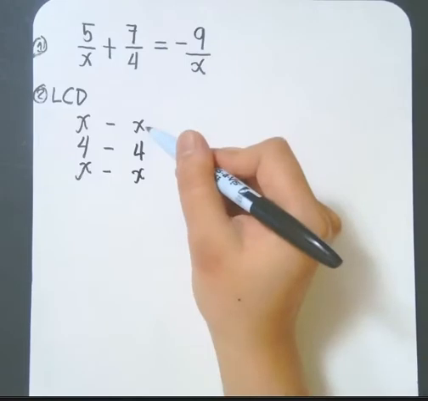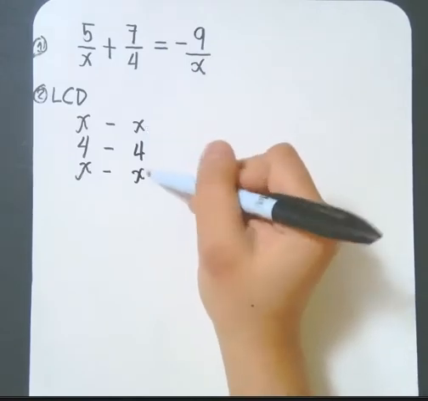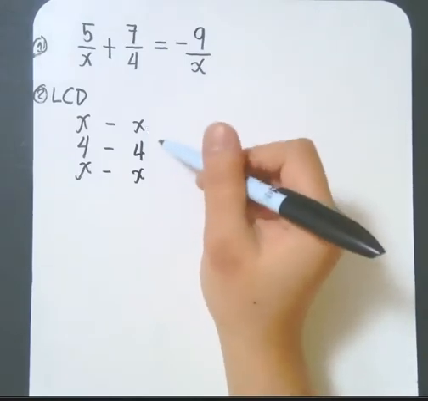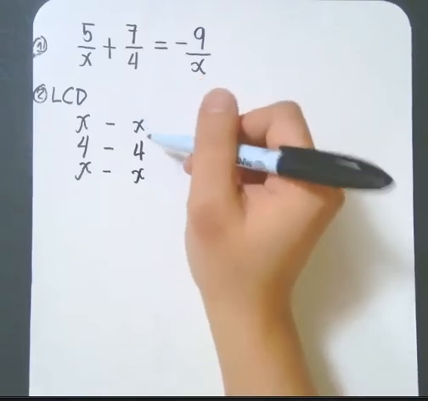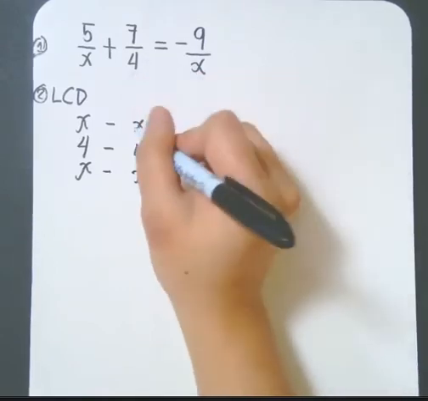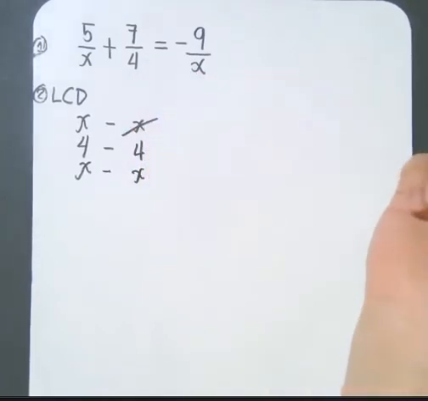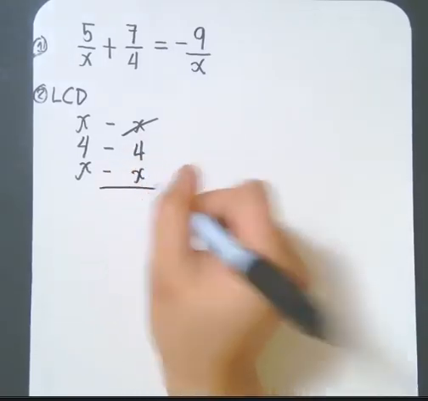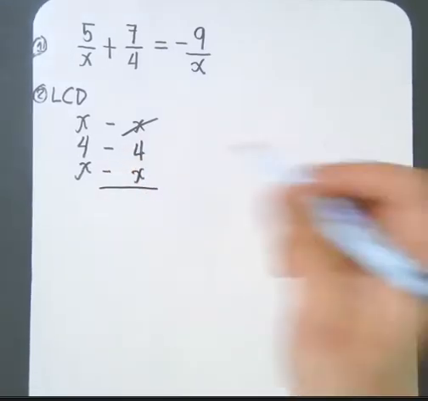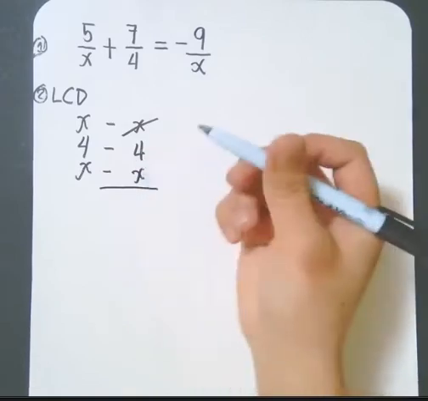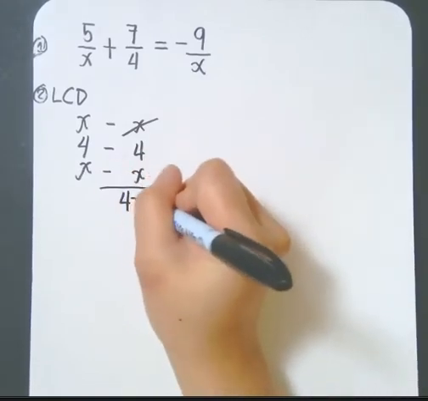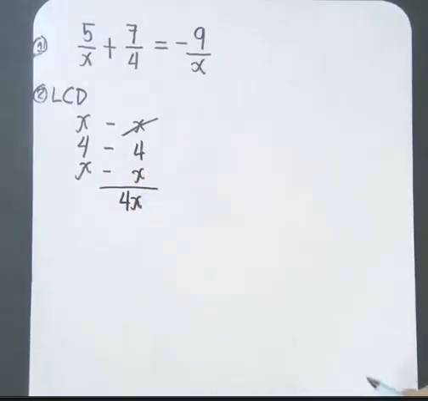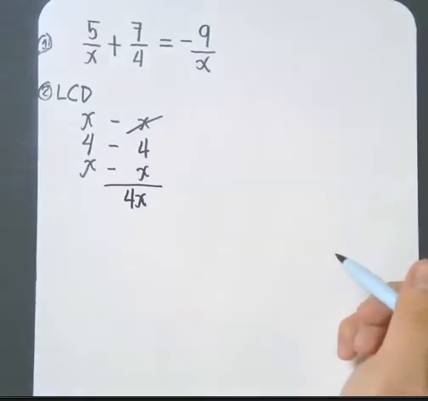As you can see, we do have x as a common factor. What we will do here is get rid of one of them. So we will remove one x, and then we will get the product of our factors. 4 times x is equal to 4x. So our LCD will be 4x.